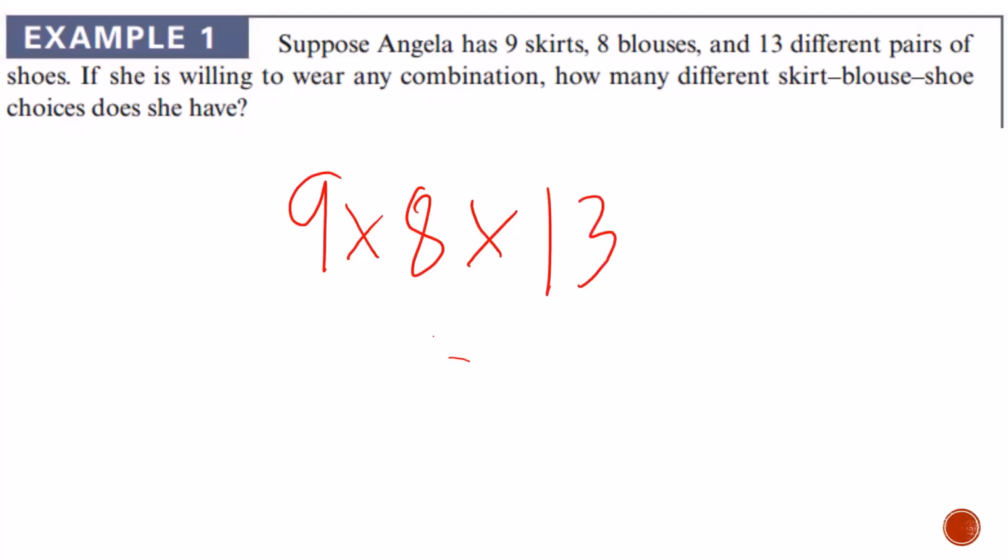There are 9 choices for the first choice, 8 for the second, 13 for the third. So you do all that, and you end up getting, I wrote this number down earlier, but perhaps you already did it on your calculator, 936 outfits.